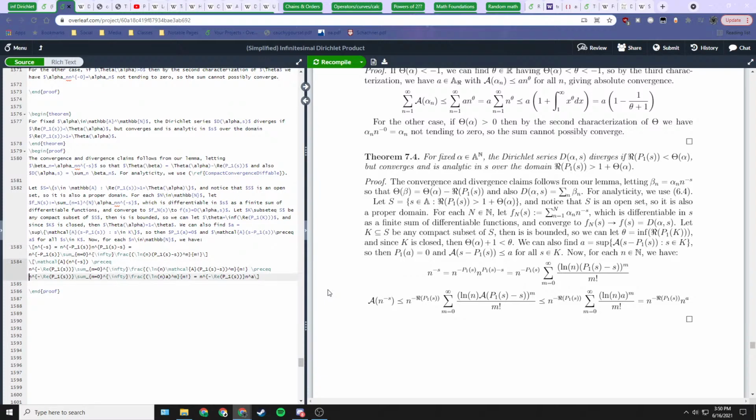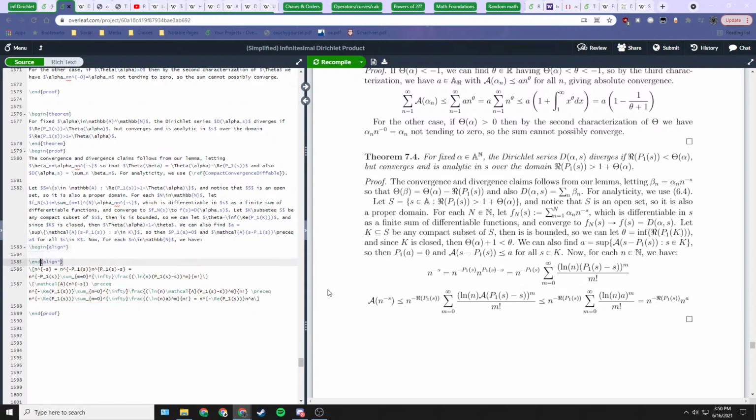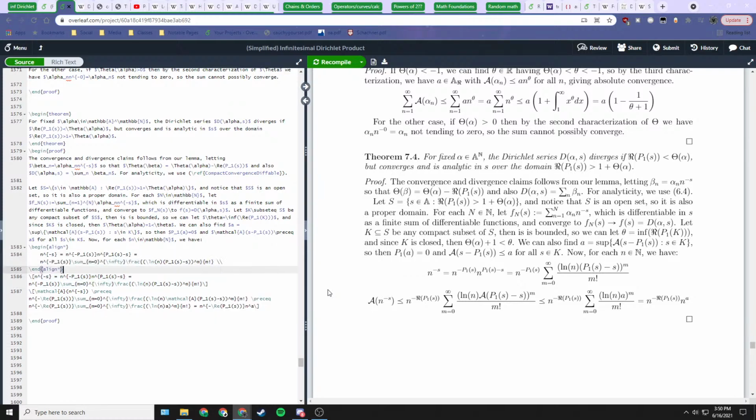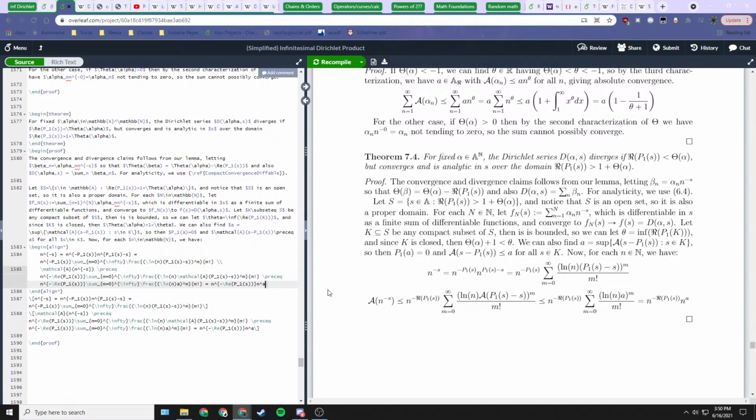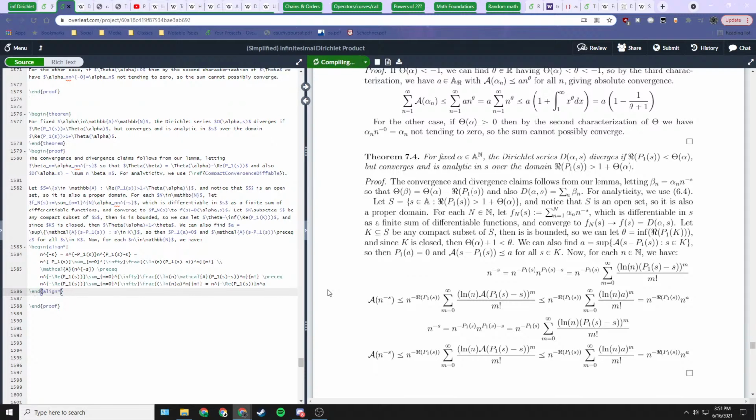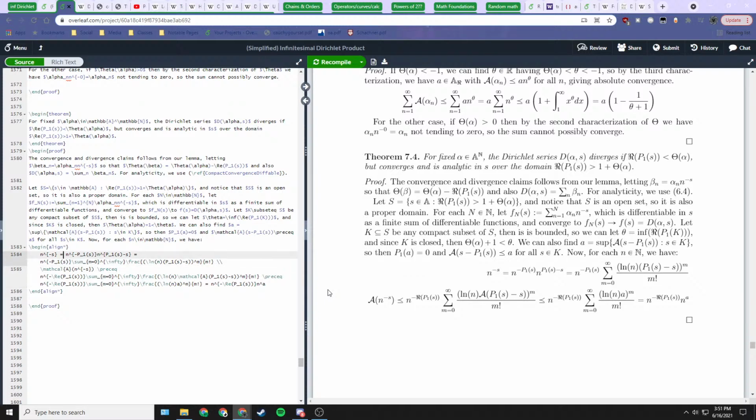Okay, yeah. Let's put this in an alignment environment. Oops. Okay. Gonna erase these now. And let's actually put these here.